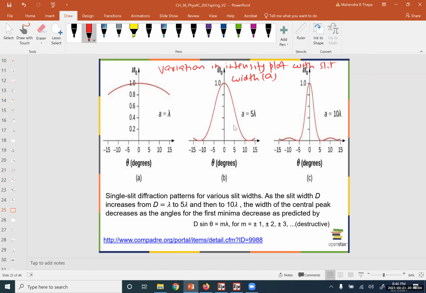For example, in this case, the slit width is 5 times lambda. In this case, the slit width is 10 times lambda. And in this case, A is equal to lambda.